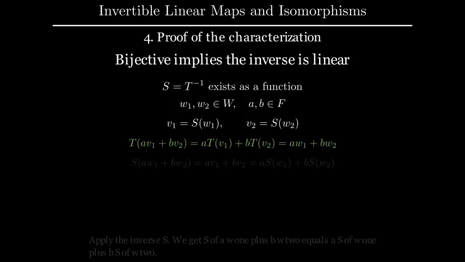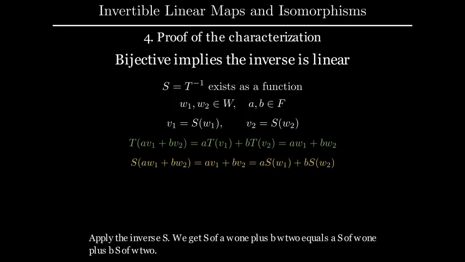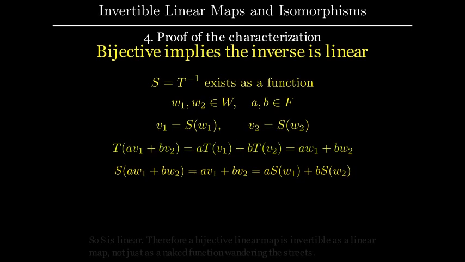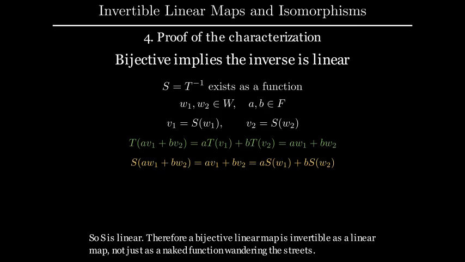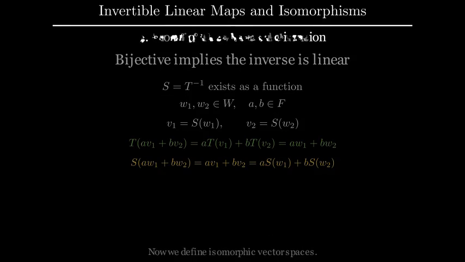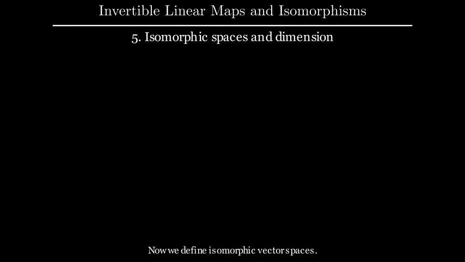Apply the inverse S. We get S of a w1 plus b w2 equals a S of w1 plus b S of w2. So S is linear. Therefore a bijective linear map is invertible as a linear map, not just as a naked function wandering the streets.